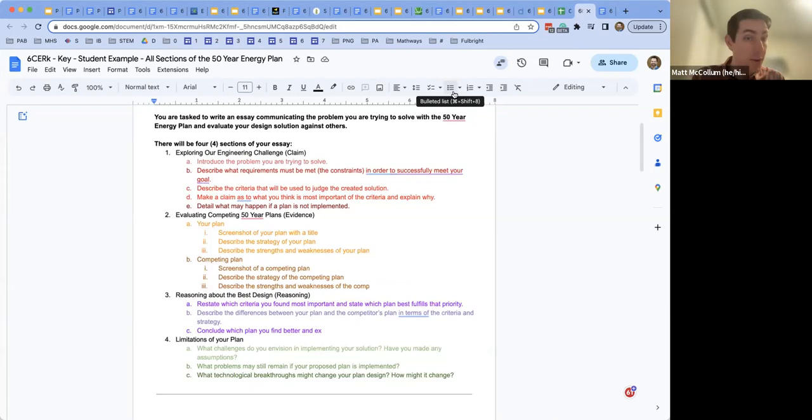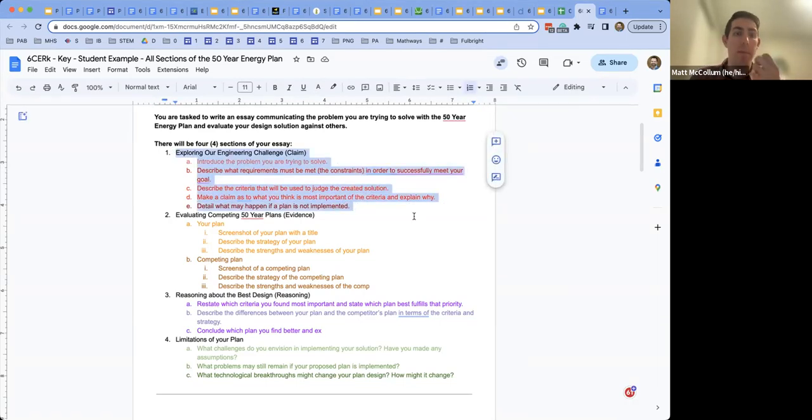So there are 4 sections here, 5 paragraphs, because section 2 requires 2 different things. The first paragraph is almost done on day 3 of class. They are looking at the engineering challenge, describing what they're trying to do, what criteria and constraints there are, and what might happen if the plan's not implemented.